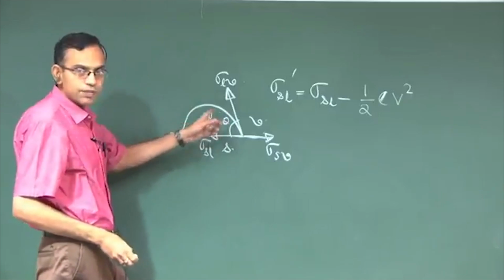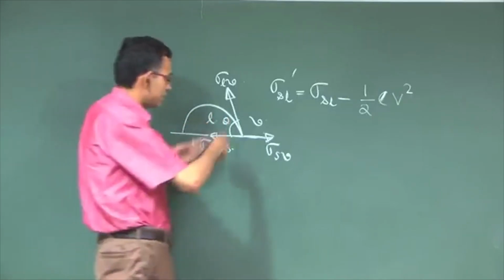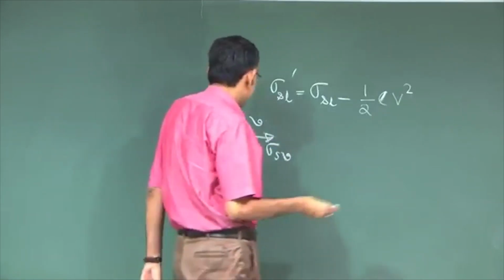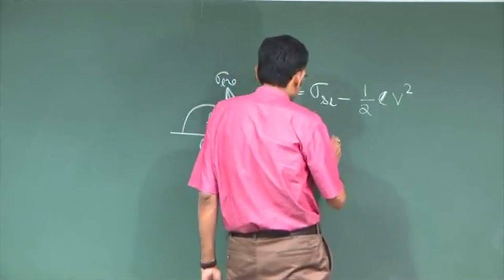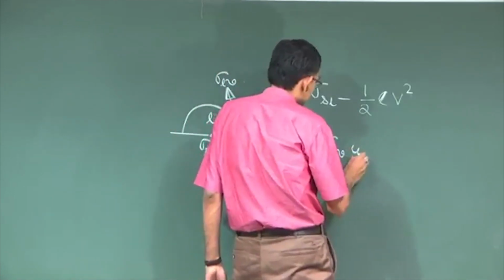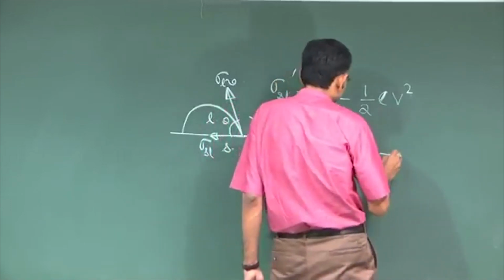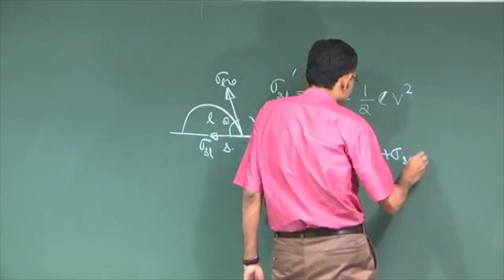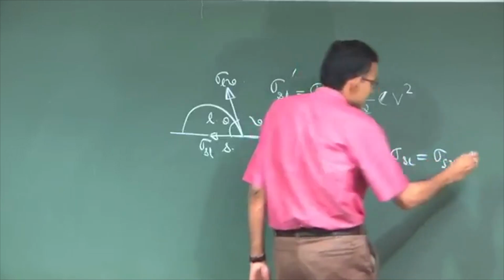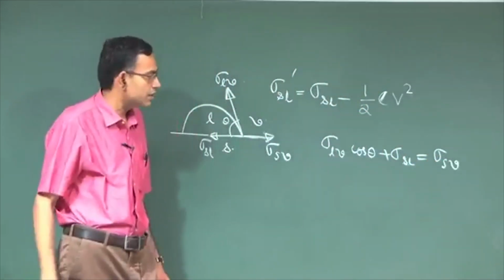This force balance we did earlier, but I am just repeating it in case you have forgotten. So sigma LV cos theta plus sigma SL is equal to sigma SV. This is the force balance along the horizontal direction.